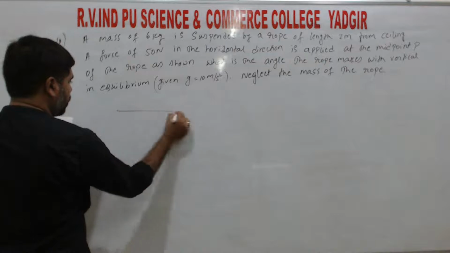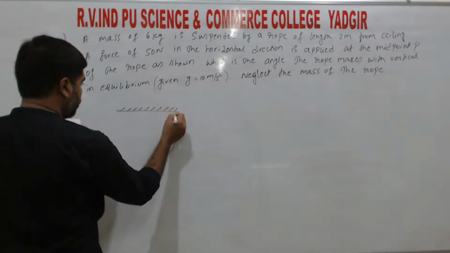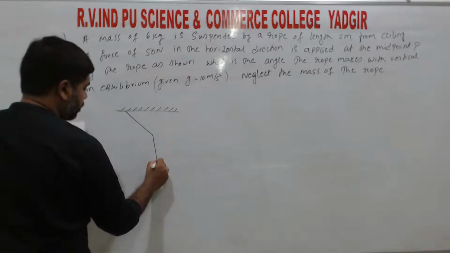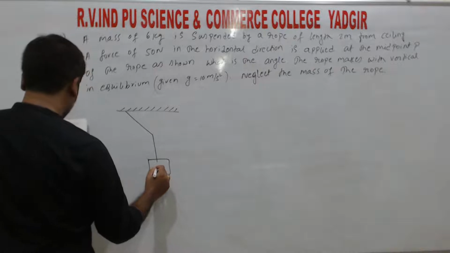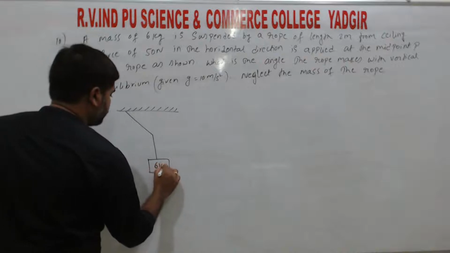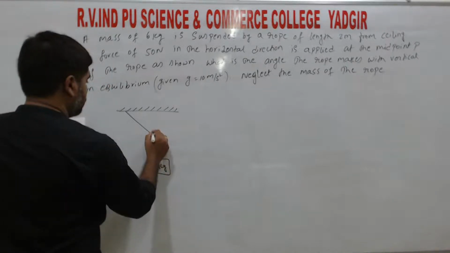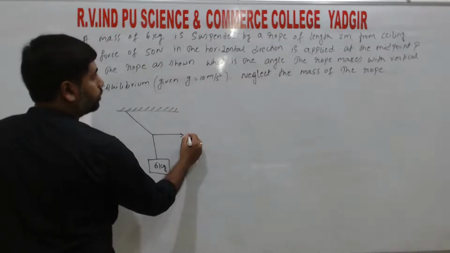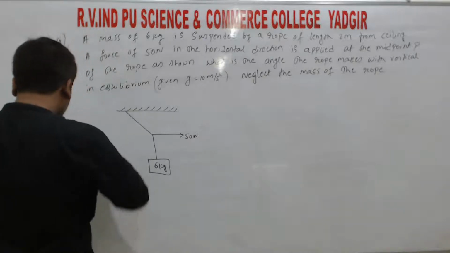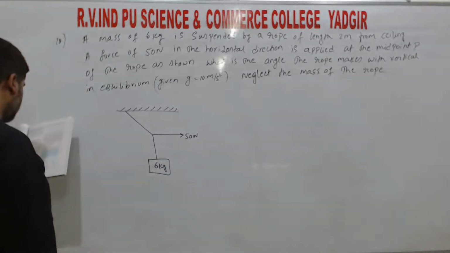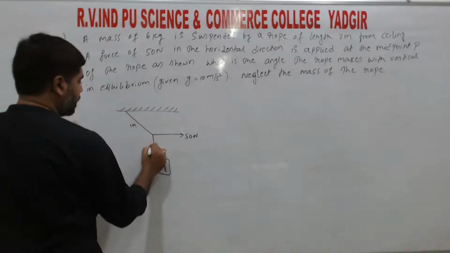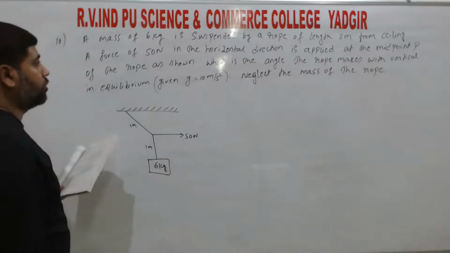So this is your textbook problem. So the diagram is also mentioned by them. So length of 2 meter means here we are getting 1 meter and here 1 meter from the ceiling.